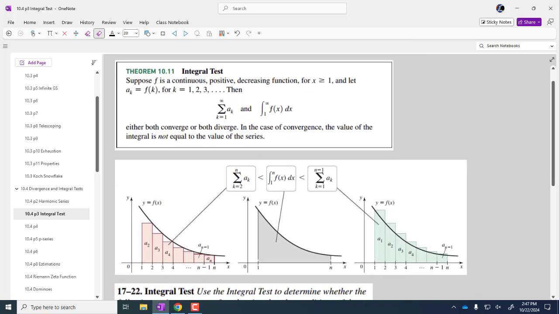Here we go. First off, f is continuous, positive, and decreasing, i.e. a quadrant 1 decreasing function, this ski slope. Positive valued, continuous, and decreasing. So that is our ski slope.